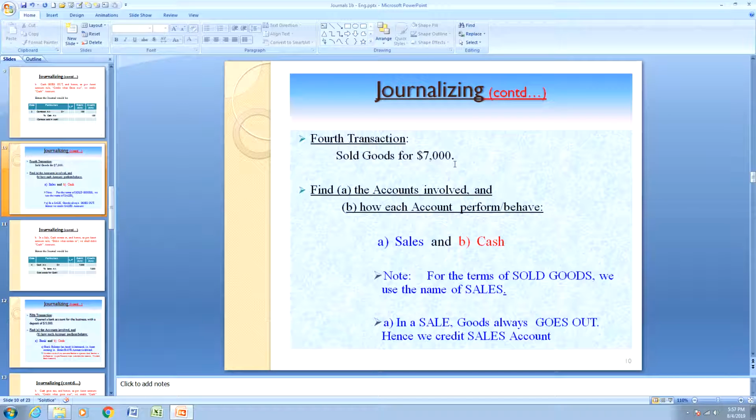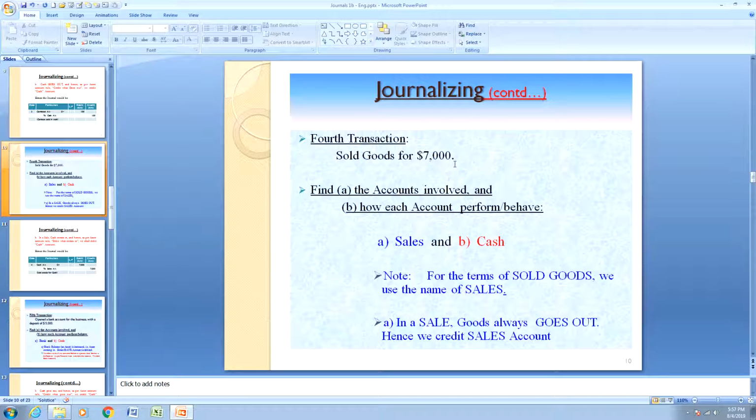Fourth transaction, sold goods for $7,000. The accounts involved are sales and cash. Note, for the term sold goods, we use the name of sales.